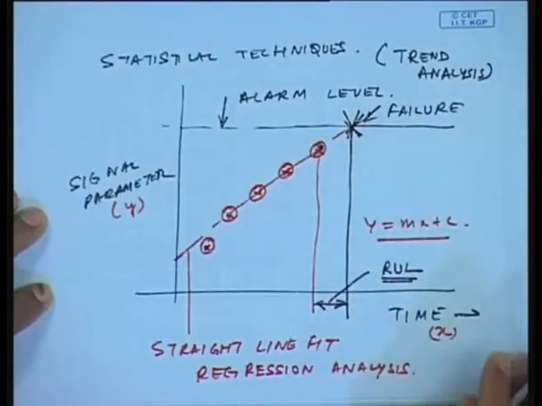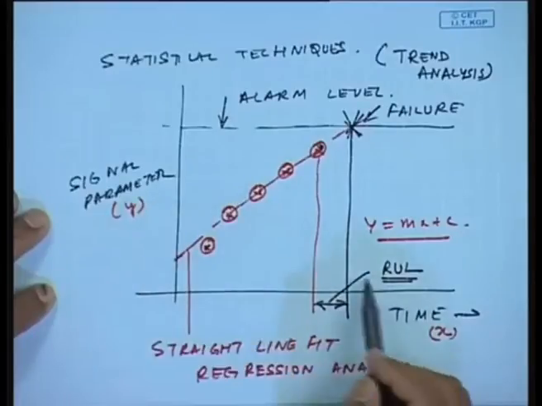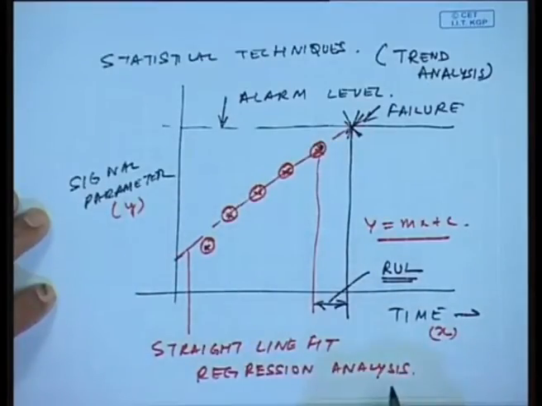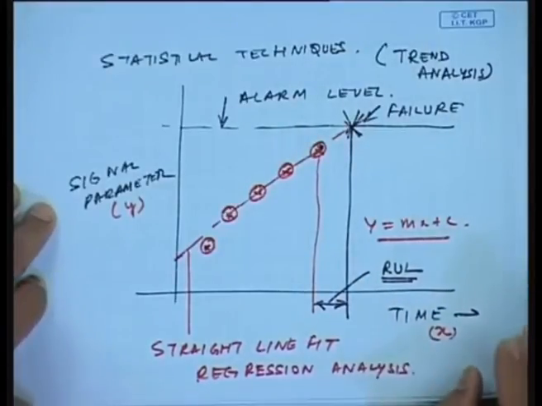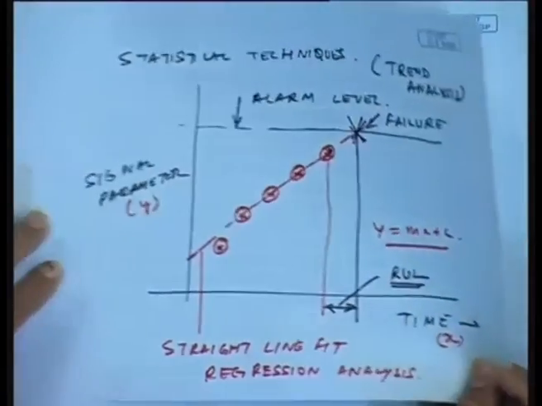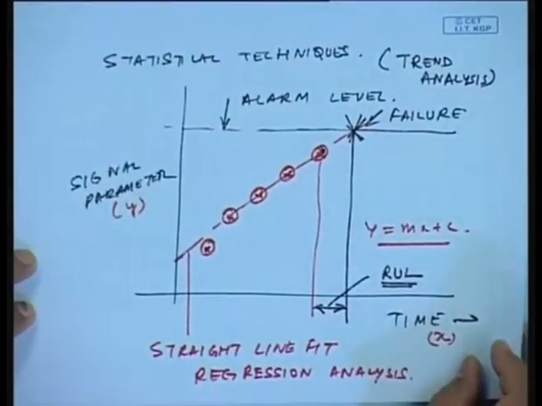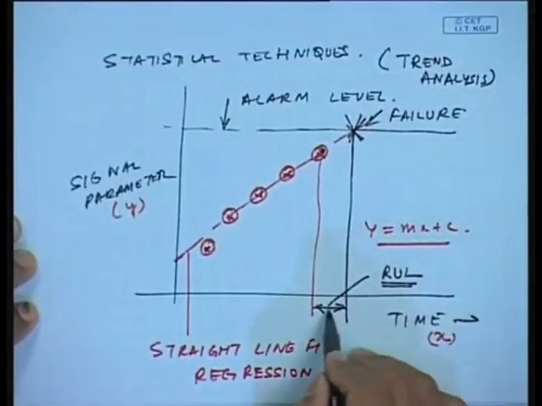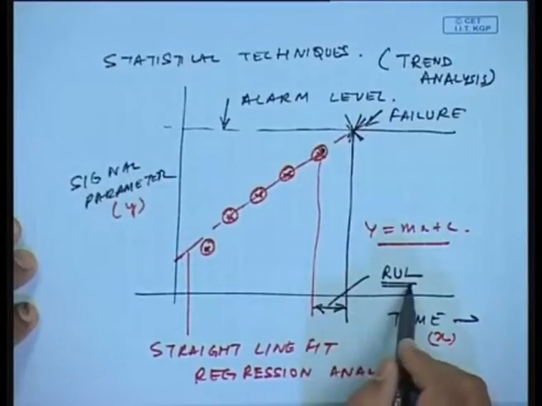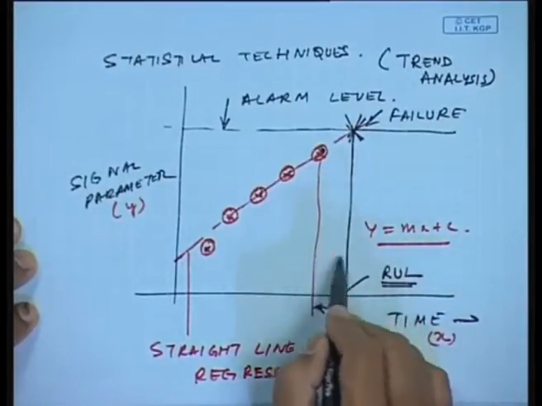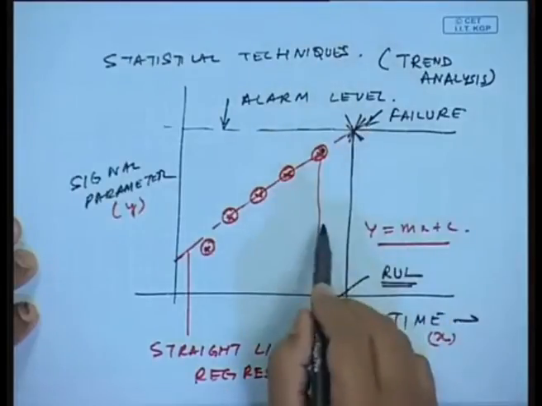So there is much software available with a lot of databases where this kind of data are stored. People do simple regression analysis and can predict the failures. And even in an industry, if this kind of measurements are done, this is going to give us a lead time before I do my maintenance, so that I know the remaining useful life. So I have this kind of a lead time before the failure occurs to take corrective measures.